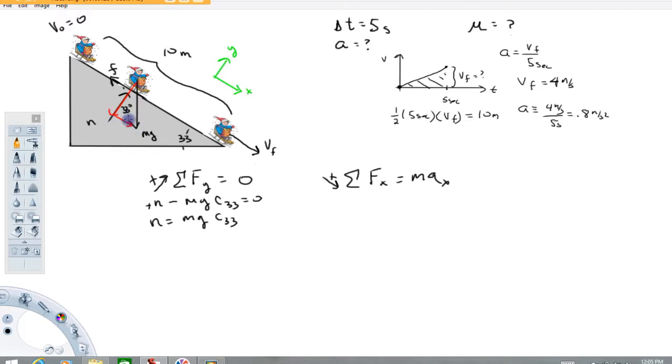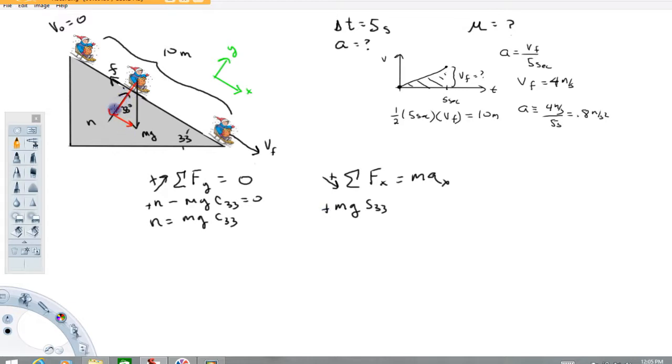That vector component is opposite the 33-degree angle, so its magnitude is going to be mg, that's the hypotenuse, sine 33, and it's down and right. So I'm going to go ahead and put plus mg sine of 33 degrees. Now this plus sign here, I just put it in there to make a point that I've considered the direction, it's down and right, and that is in the positive direction. You could actually leave that off. If you don't have a sign in front of a term, it's assumed to be positive.